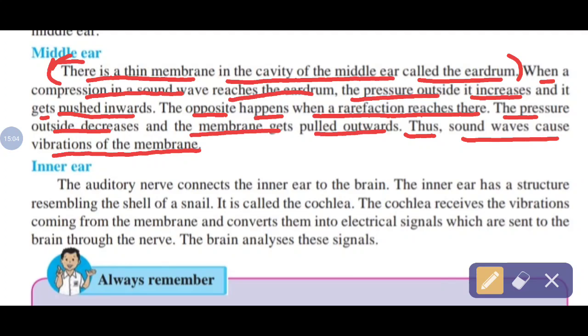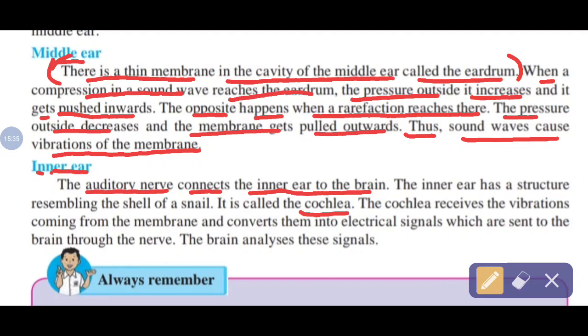Next one, the third part, that is the inner ear. The auditory nerve connects the inner ear to the brain. The next 1 mark question is given here.